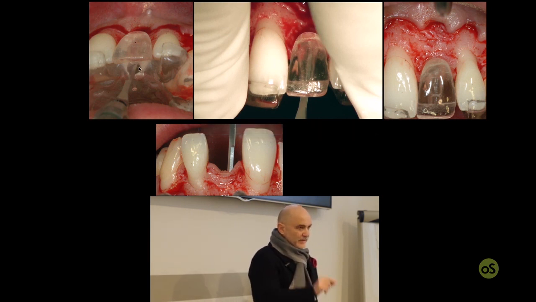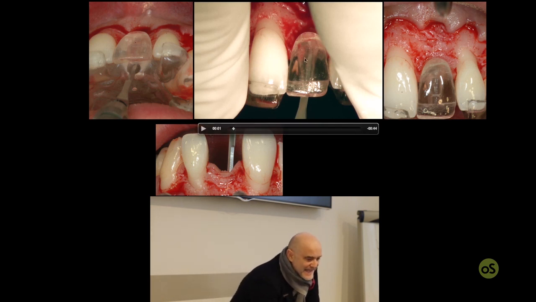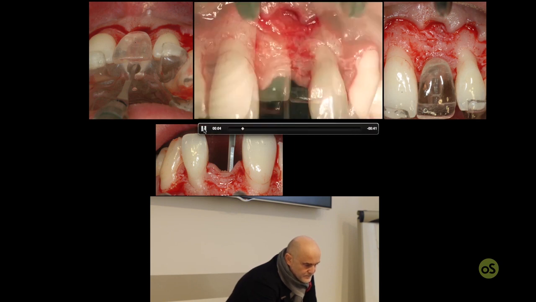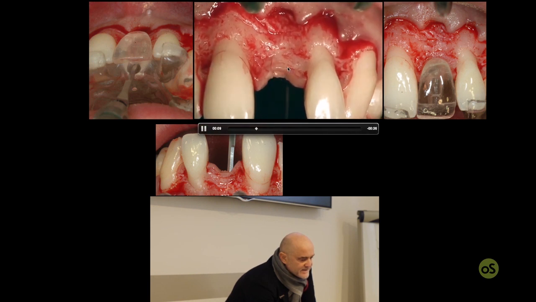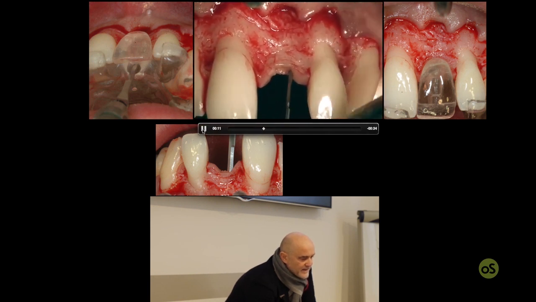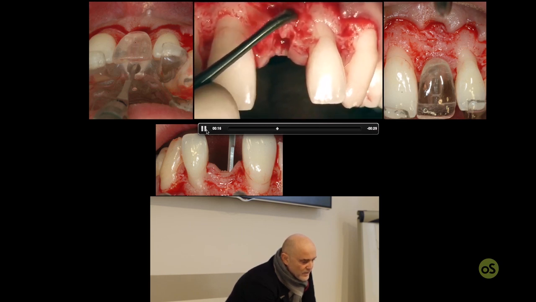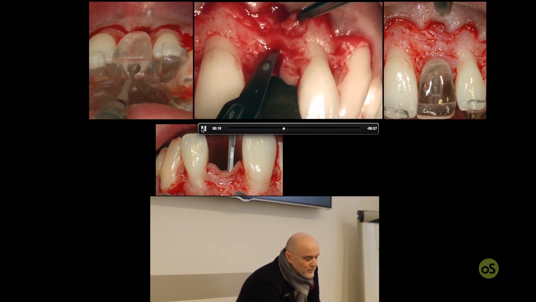I use a mini blade which is kept in contact with the walls of the first drill, so I can sign exactly with my blade the area that will be punched by a full thickness incision to the level of the crestal bone, and only the minimal amount of soft tissue that is covering the crestal bone where there will be the perforation by the drills is site-specifically removed full thickness.